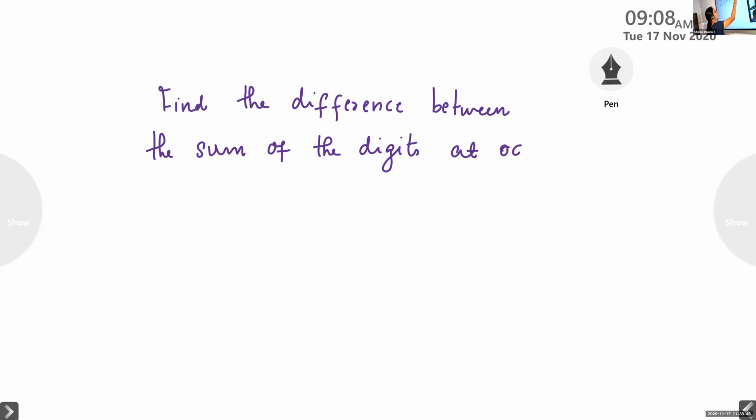You understood it? It is alternate digits, what I showed you. From the right of the number.